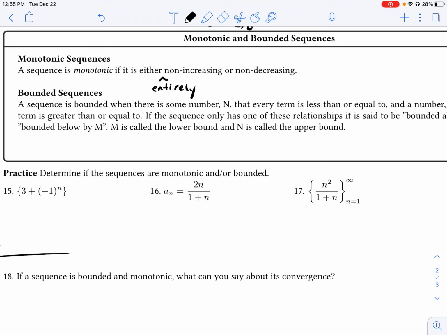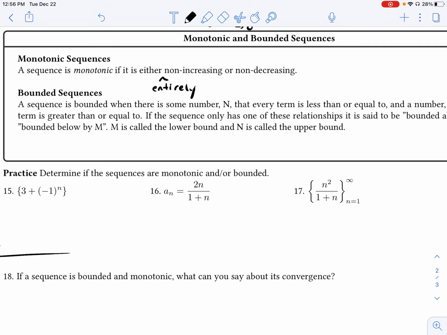If you look at the function's first derivative, you would essentially say that the function's first derivative does not change signs. So a monotonic sequence is one that is going to continually increase or continually decrease or continually stay constant. In other words, it doesn't change from increasing to decreasing.